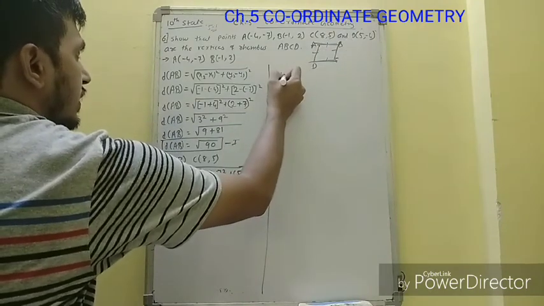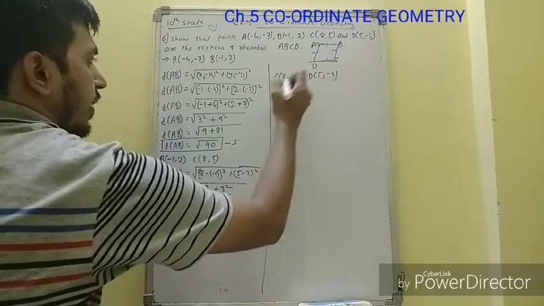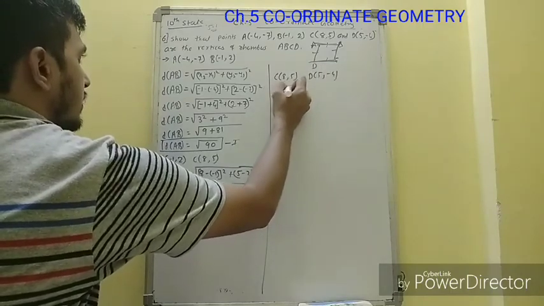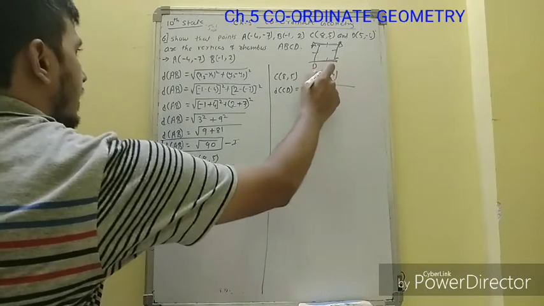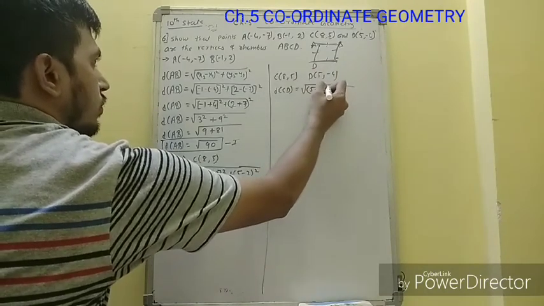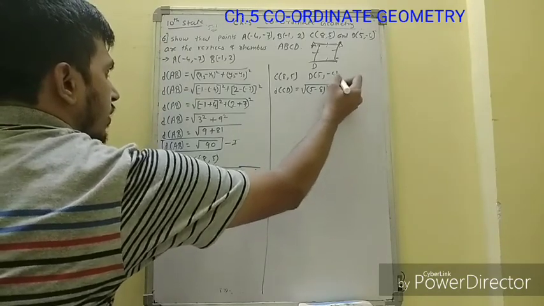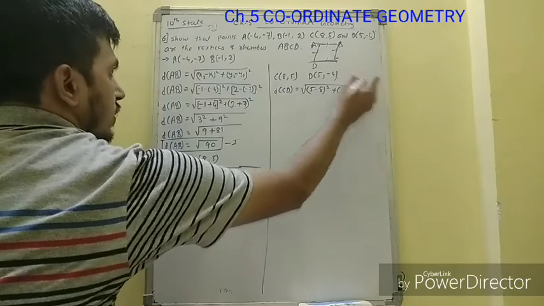What is C? 8 comma 5, and what is D? 5 comma minus 4. So distance CD is x2 minus x1, 5 minus 8, the whole square, plus y2 minus y1, the whole square.